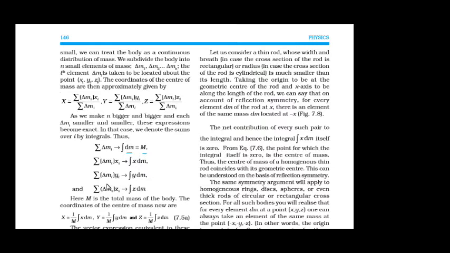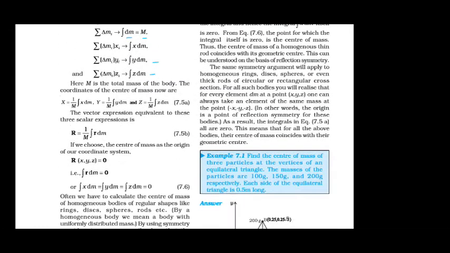Similarly, sigma delta mi yi can be written as integration of y dm, and sigma delta mi zi can be written as integration of z dm. Here, M is the total mass of the body.